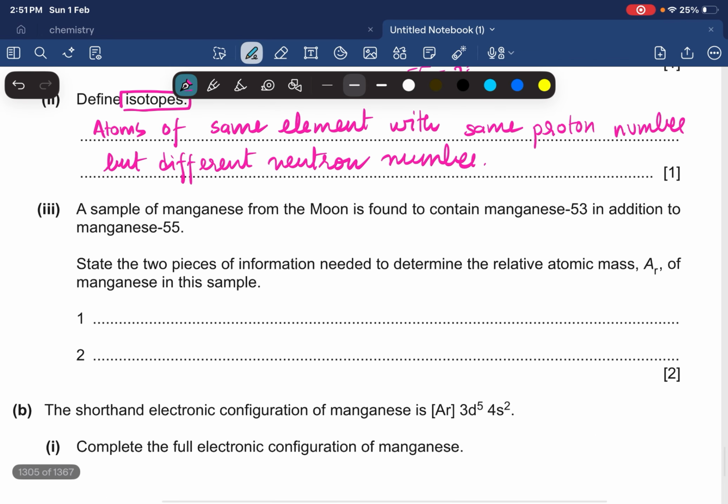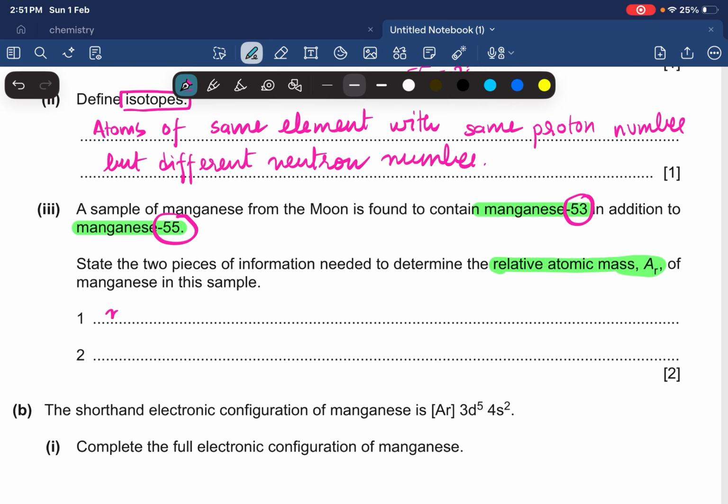A sample of manganese from the moon is found to contain manganese 53 in addition to manganese 55. State two pieces of information needed to determine the relative atomic mass Ar of manganese in this sample. So to calculate the relative atomic mass, you know what you need. Firstly, you need the mass of the two of your isotopes, and the second thing is that you need the relative abundances of the isotopes, right?